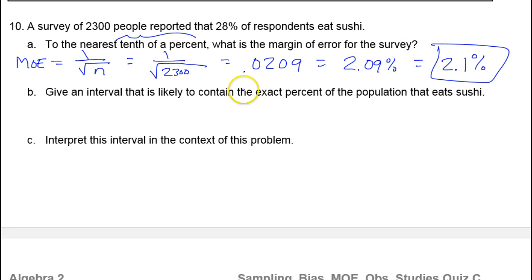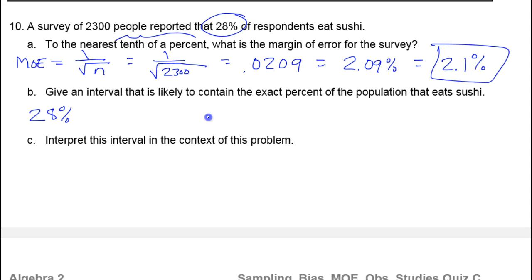Now give me an interval that is likely to contain the exact percent of the population that eats sushi. So in the survey, 28% of the people said they eat sushi. Margin of error means that if I were to somehow ask every single member of the entire population, the real percentage of people who eat sushi might be a little higher or lower than that.